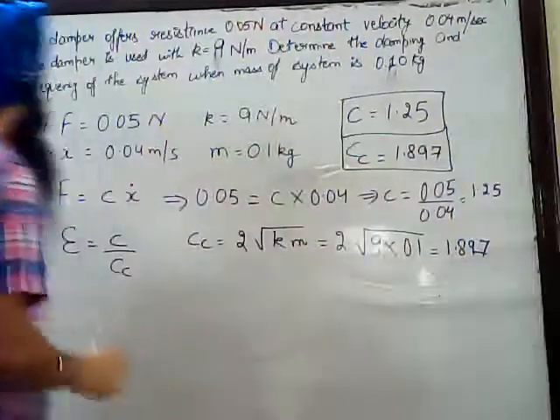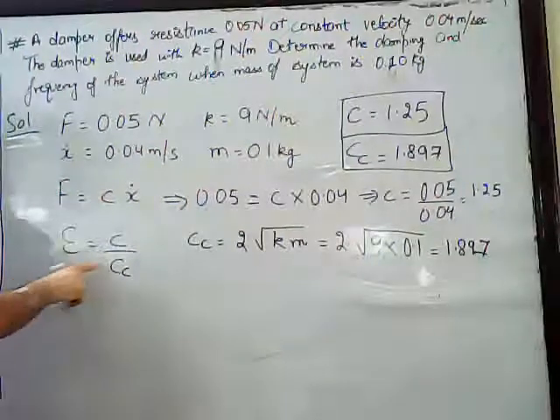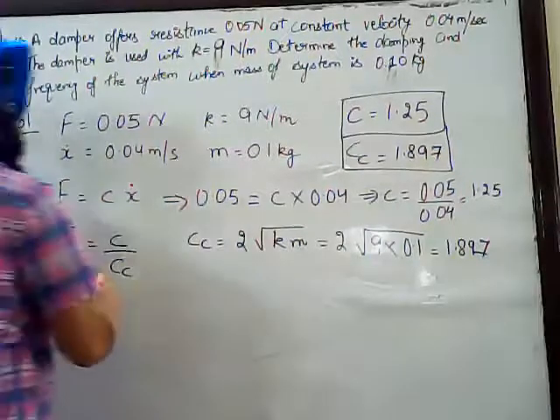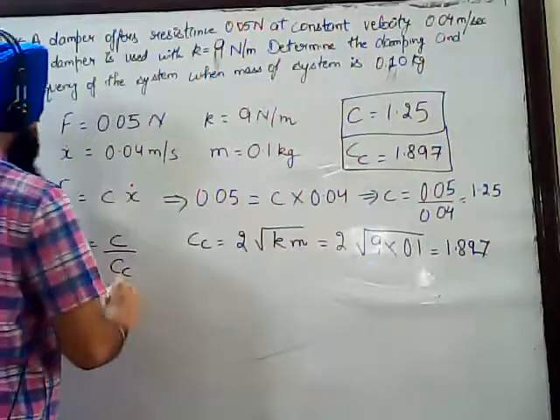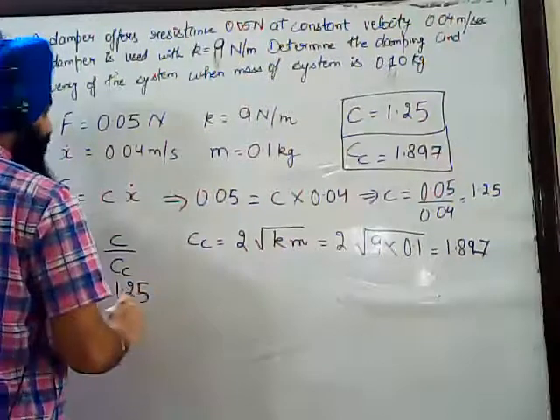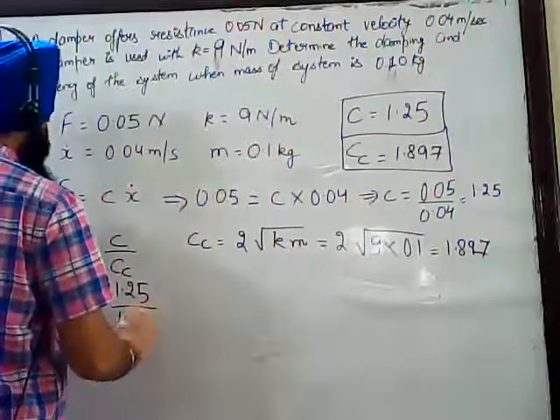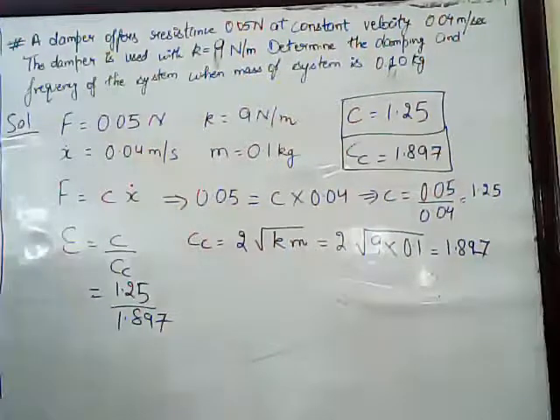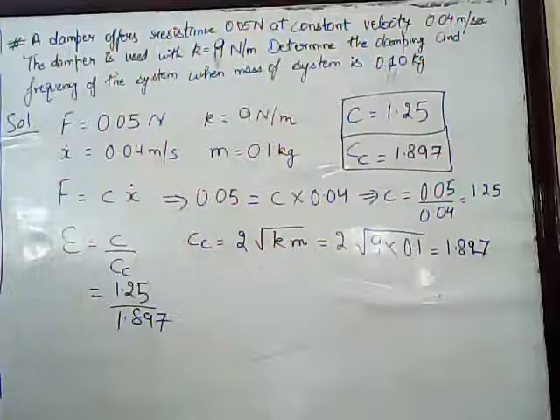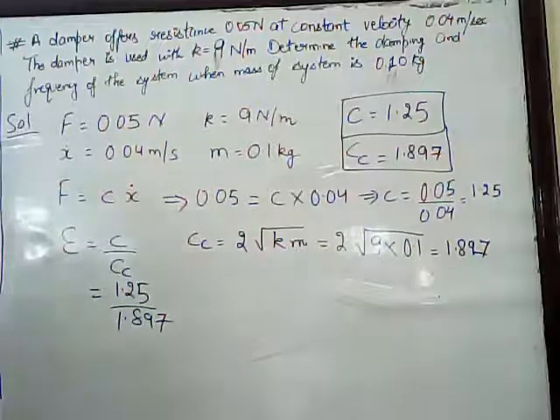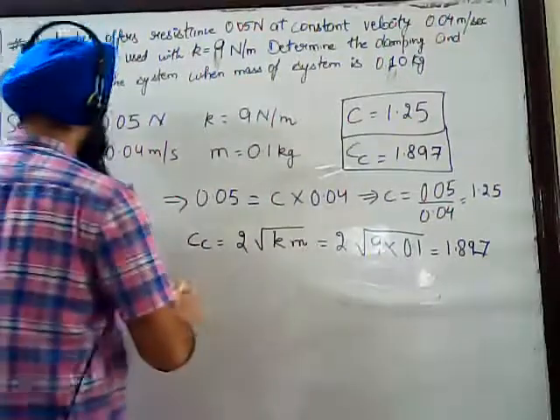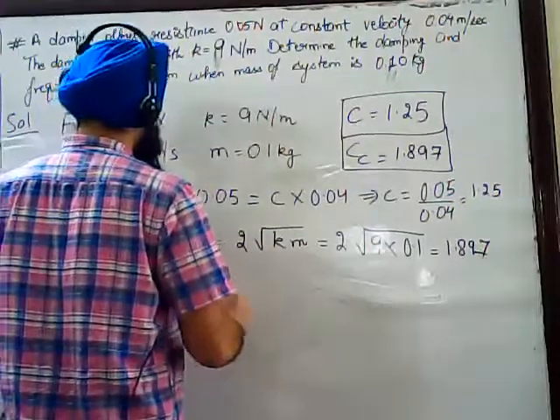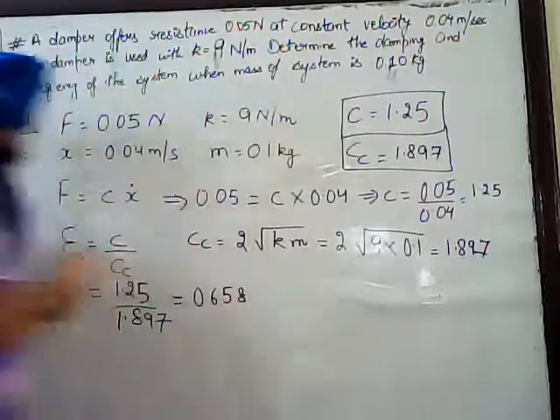Now we can calculate the value of the damping ratio. Damping ratio is C by Cc. The value of C is 1.25 and the value of Cc is 1.897. So its value will be less than 1. It is 0.658.